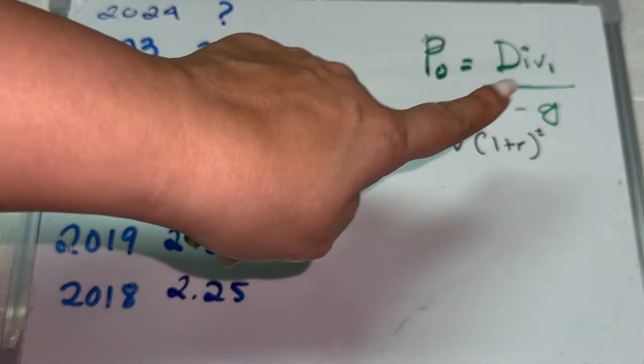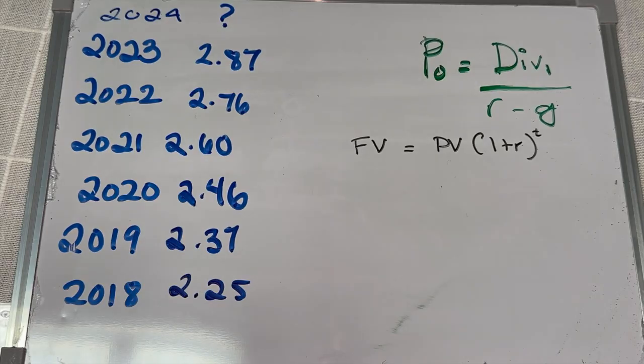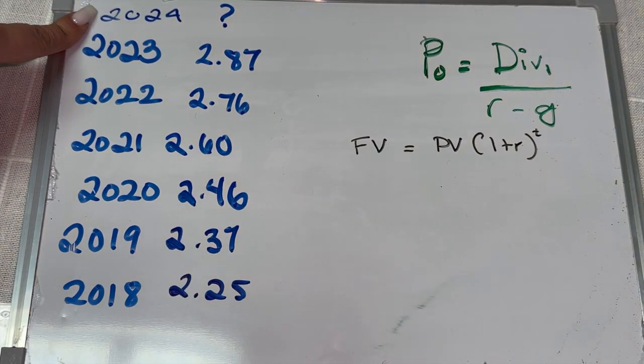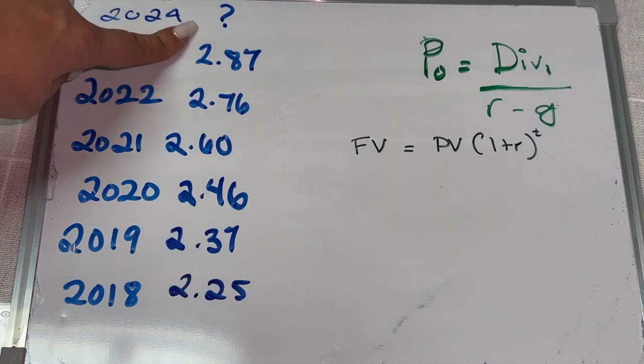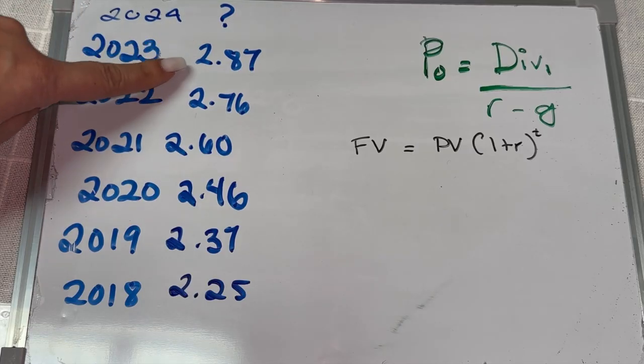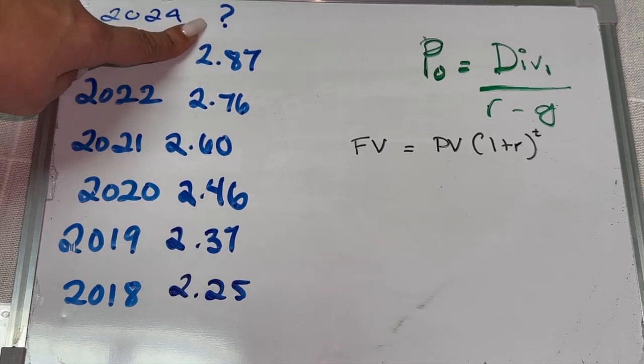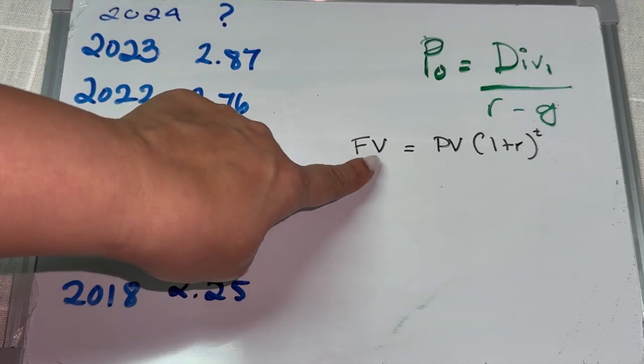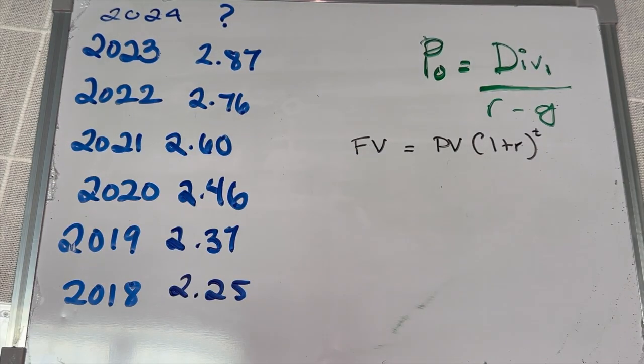To get the next dividend, I need to know the growth rate. Otherwise, how do I know by how much it's growing? To know the growth rate, we go back to the basics of the future value and present value formula.